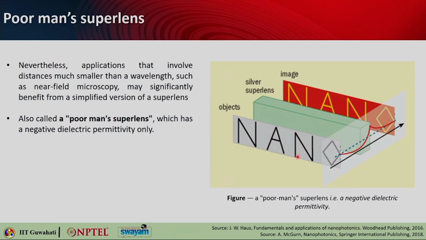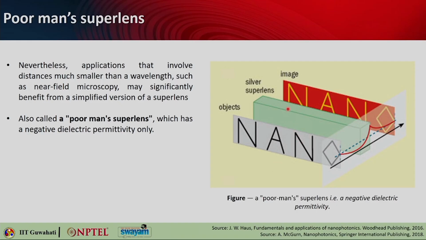So, here is an object that you are trying to image, and you can think of a poor man's super lens made of a material which has just negative dielectric permittivity. You are not looking for both epsilon and mu to be negative, just a negative permittivity material, and the easy choice could be a silver super lens.